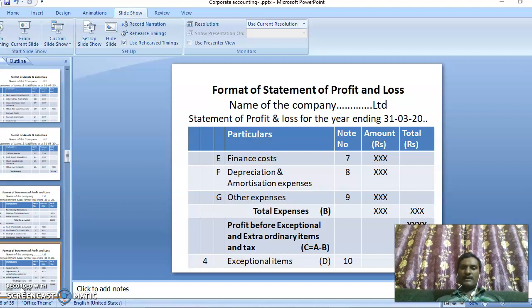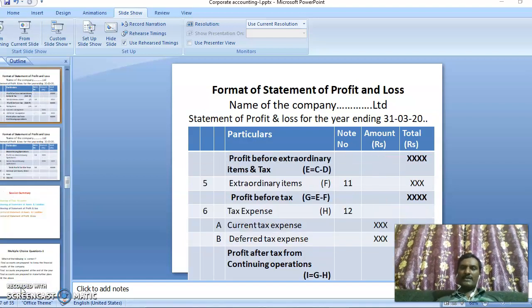And by subtracting this B from A, that is by subtracting the total expenses from the total revenue, we will get profit before exceptional items and extraordinary items and tax. Then from this we have to deduct exceptional items.